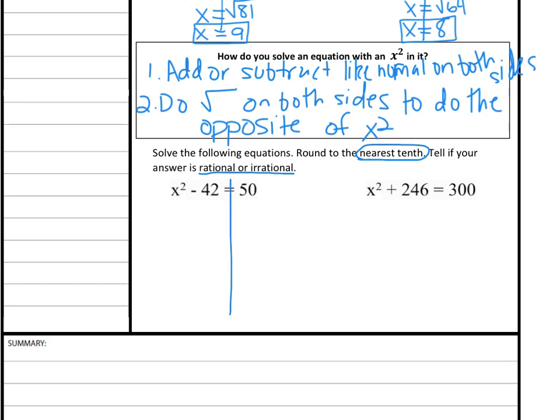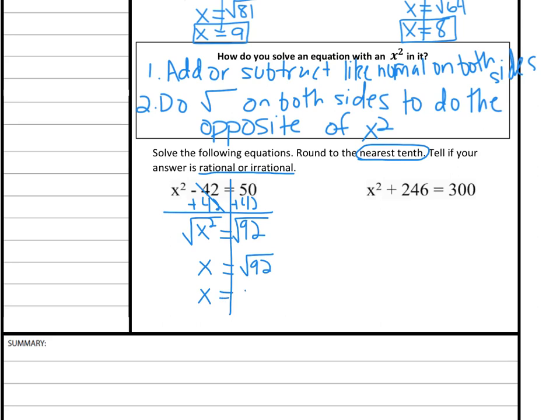So on both sides of this, the first thing I would do is add 42 to both sides, pretty normal. Make the 42s go away. So it says x squared equals 92. Now to make the x squared go away, I need to do the square root on both sides, which pops out just x, and then still a square root of 92. I'm going to go ahead and change this one to a whole number or a decimal if it needs to be.